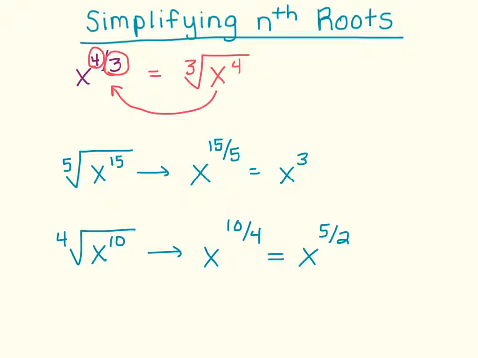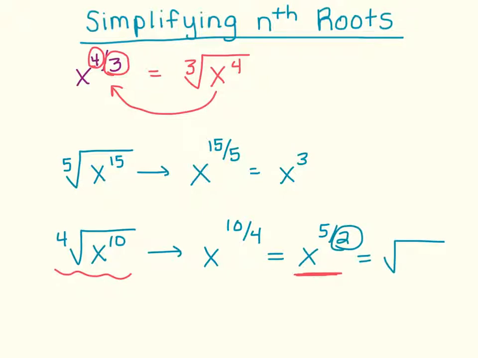And then from there, you've got to really pay attention to directions. If the directions say to write it as a rational exponent, that's what this is. If they want you to write it back in radical notation, meaning something like what we started with, that's going to be a little bit different. Remember, this number becomes our root, so this would really just be a square root.